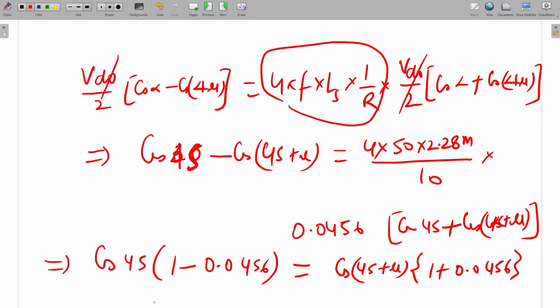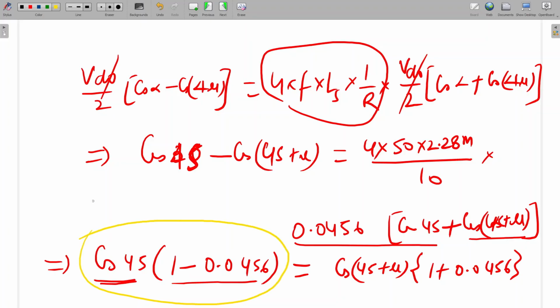Is it correct? Yes, sir. I am taking this term this side. So it will be cos 45 minus 0.0456 into cos 45. So cos 45 will be common. It will be 1 minus this one. And left hand side is 0.674, sir. So 0.674 divided by 1 plus 0.0456. This cos inverse we have to take.